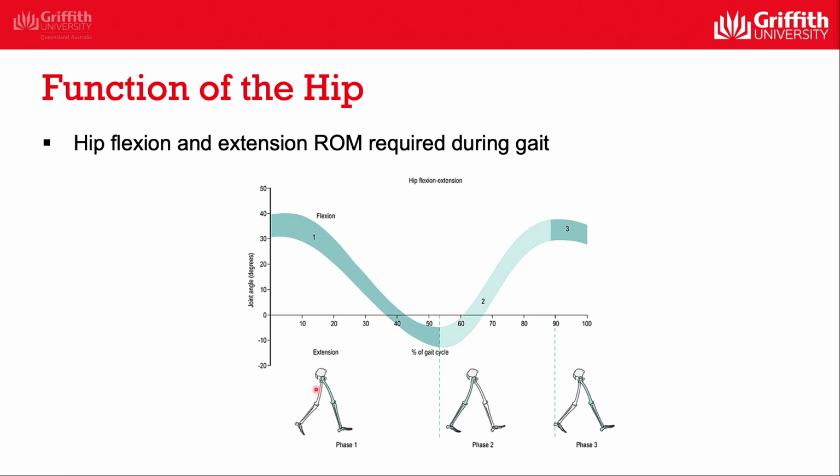During this first part, where we're swinging our leg forward in that first heel strike component of our walking cycle, you need about 40 degrees typically of hip flexion. That changes as we stand through and push our body weight forward, and then all the way through as our leg is behind the body, there is this hip extension range that is required for our leg to be able to push off and walk efficiently.